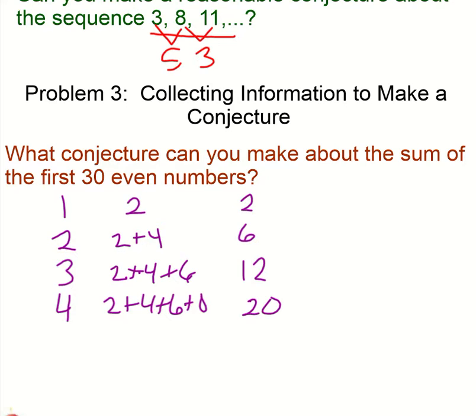And so if I look at these now, okay, let's see if there's a pattern in the sum. Well, this one is 1 times 2. And this one is 2 times 3. And here I have 3 times 4. And then 4 times 5.